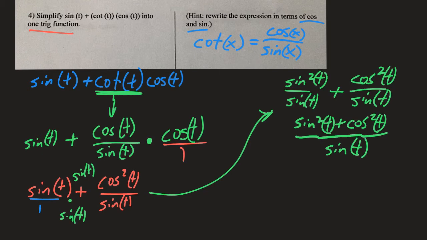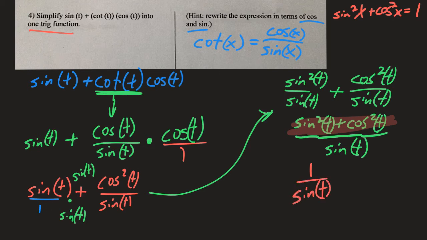Now, this top bit, I'm hoping, looks a little bit familiar. It looks like one of your identities that we already know. You should remember, hey, sine squared plus cosine squared is equal to 1. So this entire top piece that I've highlighted is actually just equal to 1, and we're at 1 over sine t now.